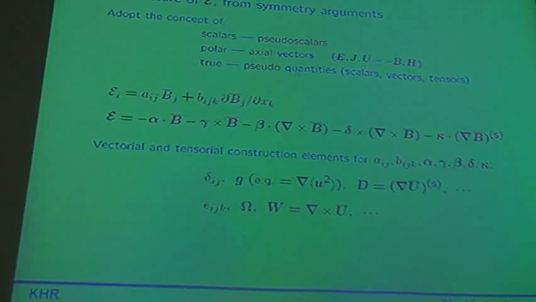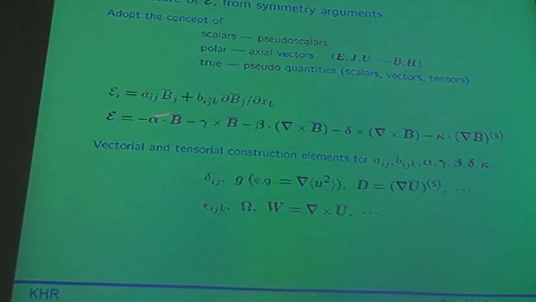How you can determine the structure of E in general, if you have influences of several vectors, say. Here I adopt the concept I explained to you in the first lecture of polar and axial vectors, or more generally scalars and pseudo-scalars, polar and axial vectors, true or pseudo quantities in general, also tensors and so on.